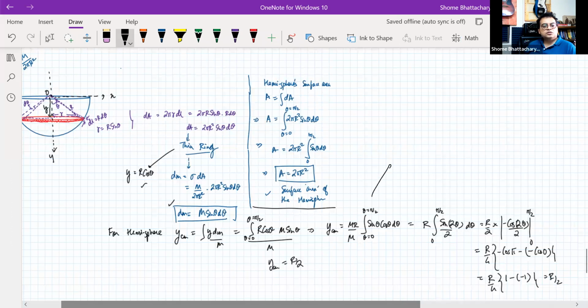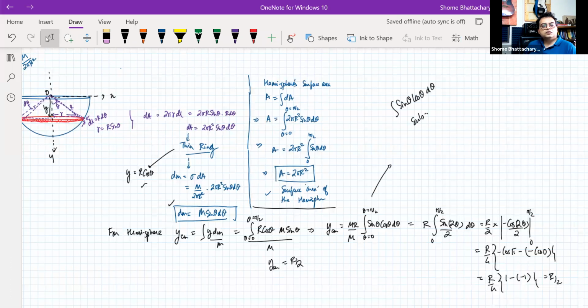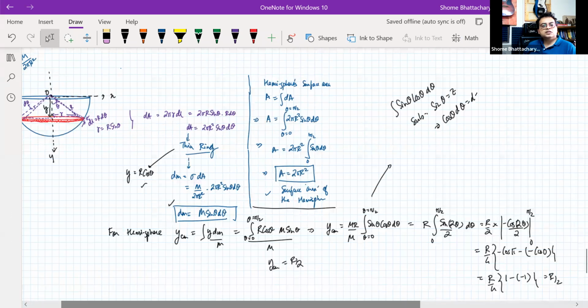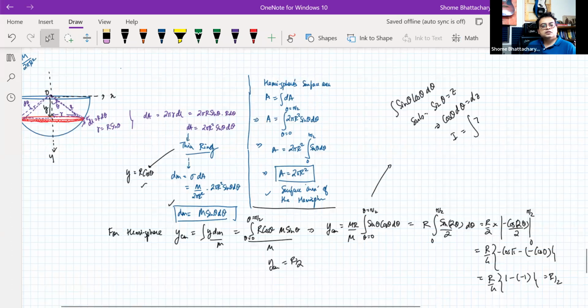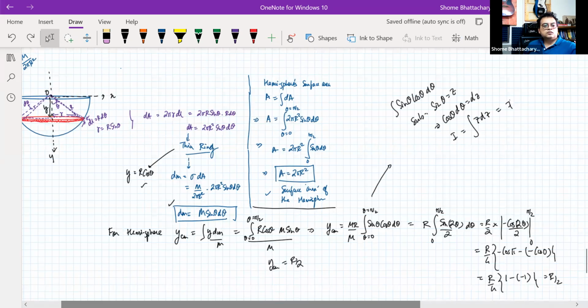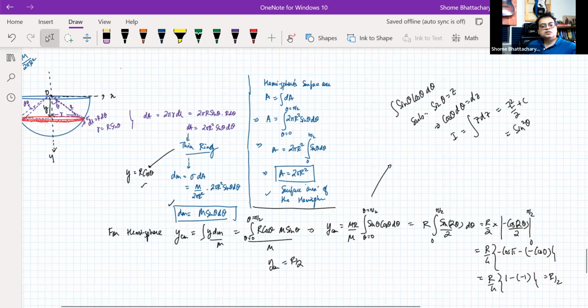The other option is the integration of sine theta cos theta. You can substitute sine theta as z, cos theta d theta becomes dz. So the integration becomes z dz, which is z square by 2 plus c, so sine square theta by 2 plus c.